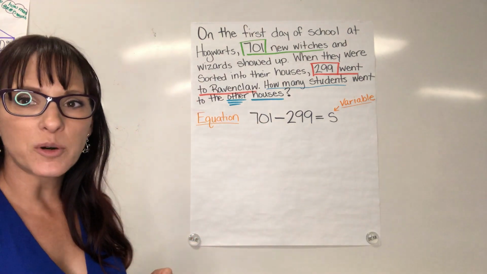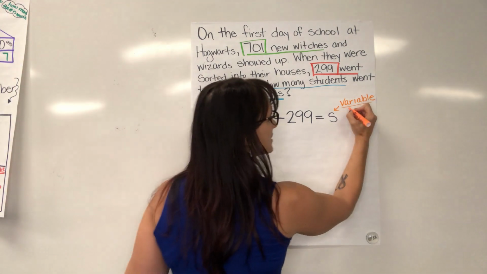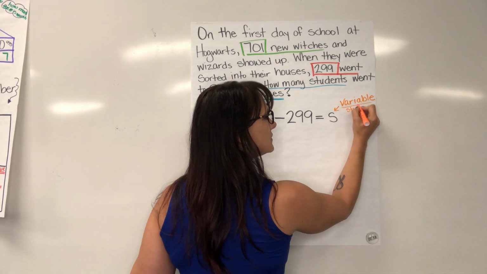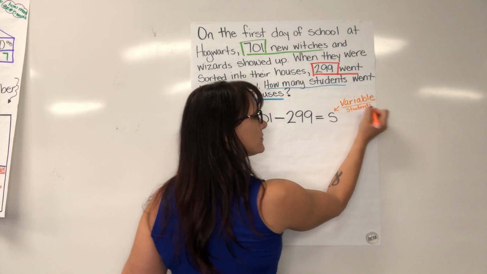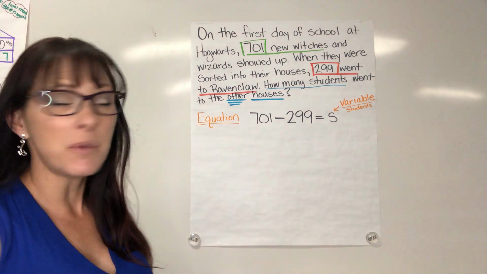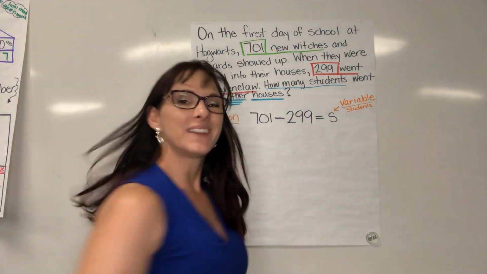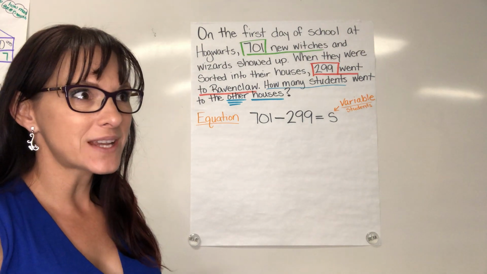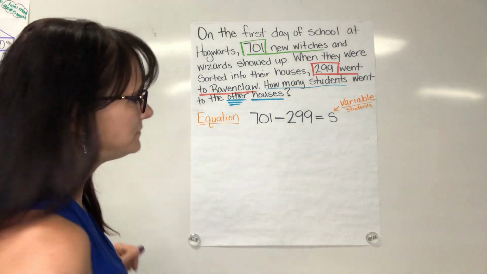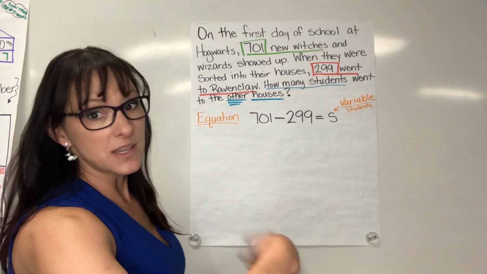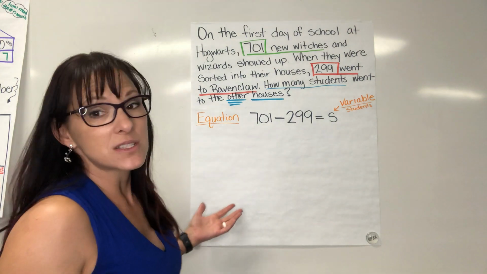That is our variable, and it is representing students. I used an S this time, but you can use any letter you like. Guess what the word of the day is going to be? Variable. But that means you still have to keep watching because we have some good stuff coming.